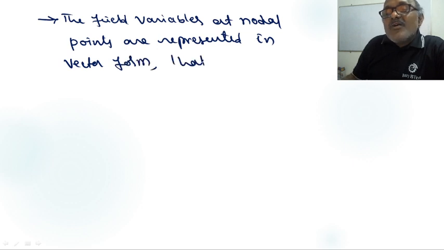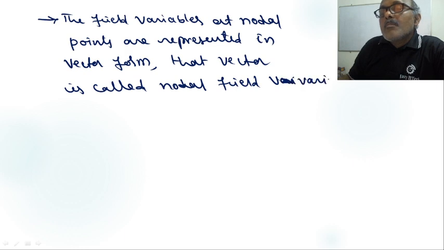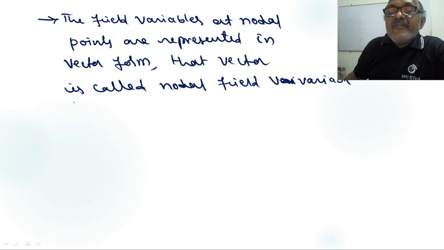That vector is called the nodal field variable vector, my dear students. Next, coming to the load vector. What is a load vector?